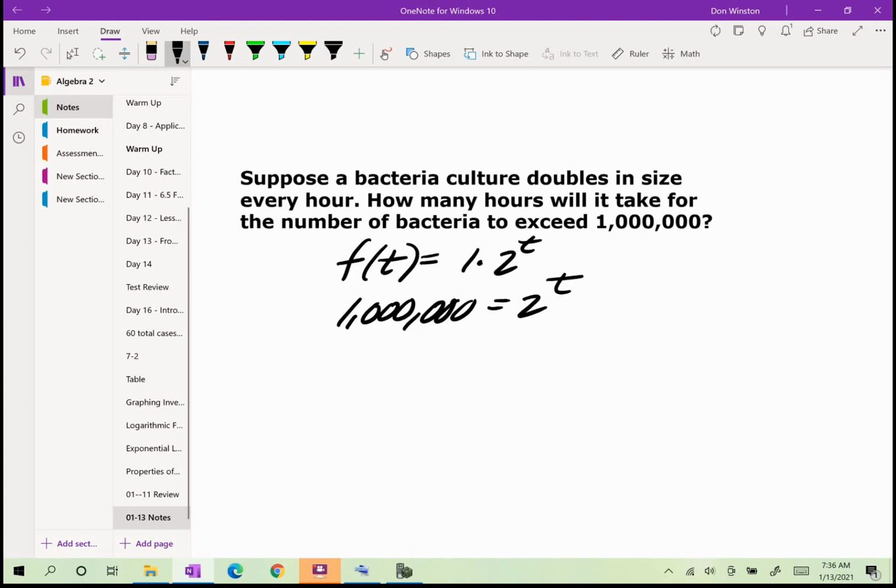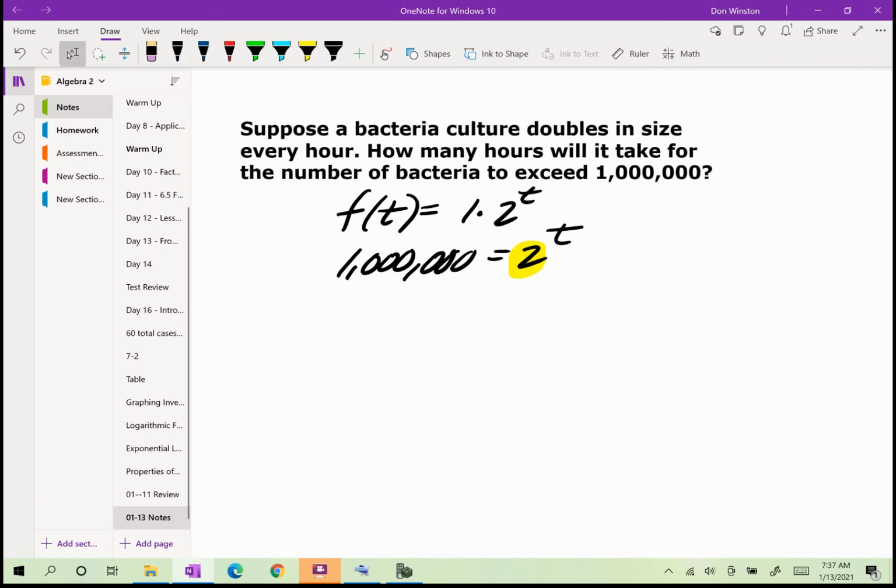So again, the only way we would have been able to answer this before is to graph that using decimals, and then using our table, find out the value of t where y is equal to 1,000,000. Now we can actually solve for that. All right, so again here I notice I have base 2. So I'm just going to take log base 2 of both sides.